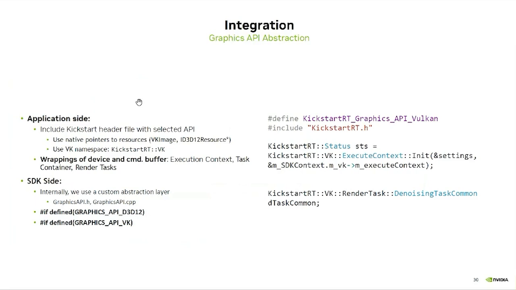So we decided to write our own custom abstraction layer, which is implemented really, really simply. If you're using DX12, there's a bunch of DX12 code. If you're using Vulkan, there's equivalent Vulkan code. And the whole thing is in these 2 files, if you want to take a look. I think it's about 1,000 lines of code to support all 3 APIs, which I think is very small.